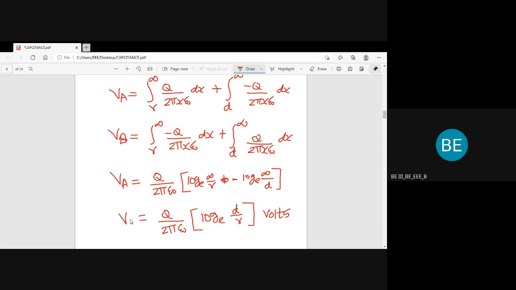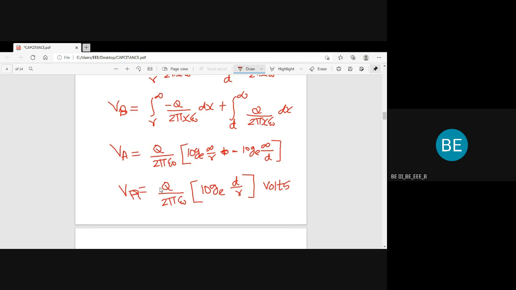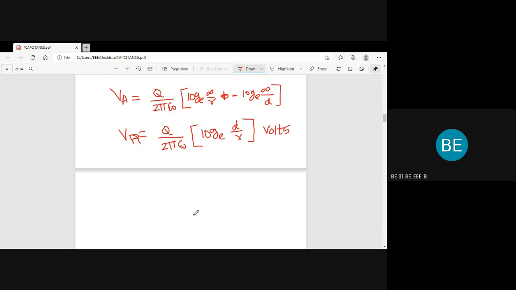If we derive for VB, we get the same equation, but instead of plus Q we get minus Q. So both potentials will be the same in magnitude. Only plus and minus will differ. Plus Q and minus Q indicate the charge on that particular conductor.